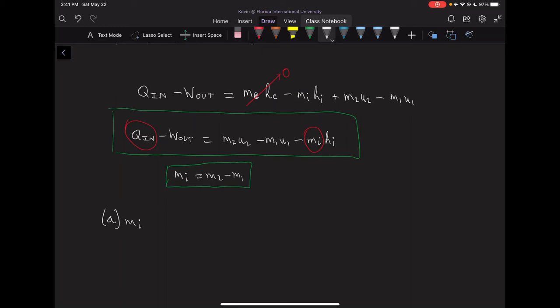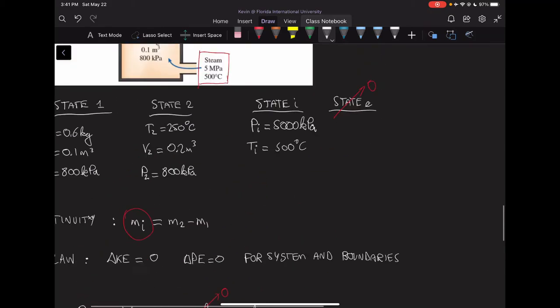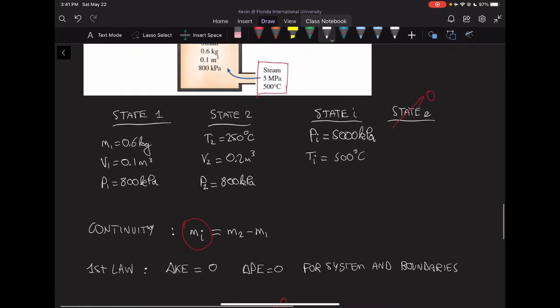So we know that we need to find M2 to find MI. And M2 is at state 2. So let's try and figure out at state 2 if we can find mass 2. So at state 2, we're given pressure, volume, and temperature.